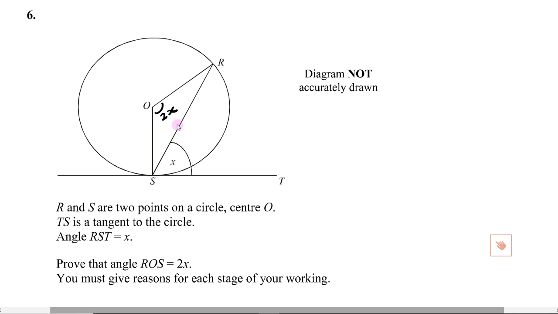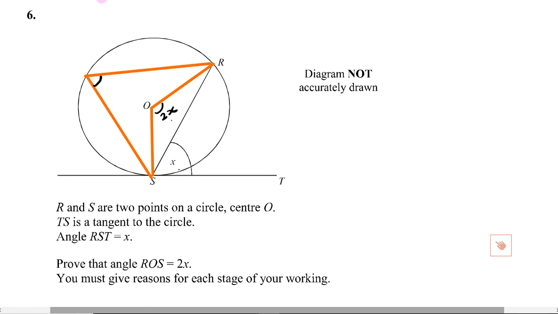Now there is no relationship between this one and this one. We don't have that rule. However, as Jacob said, what we do have is that if we have S to O and R to O, and I then go to just another point, I do now know that that's 2x, so all I need to show is that this one is x.